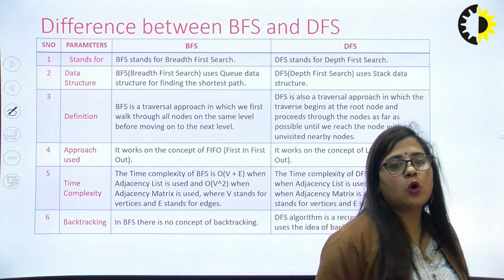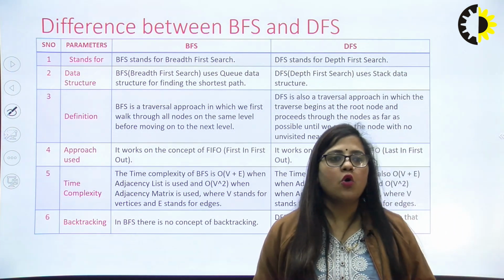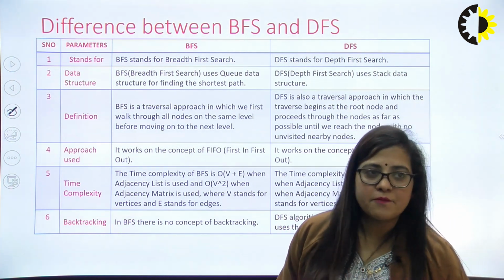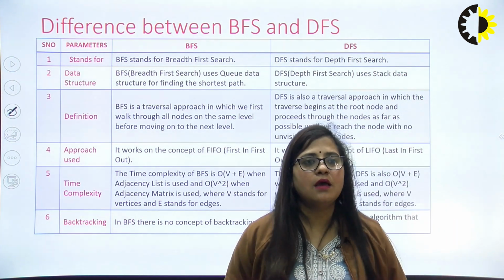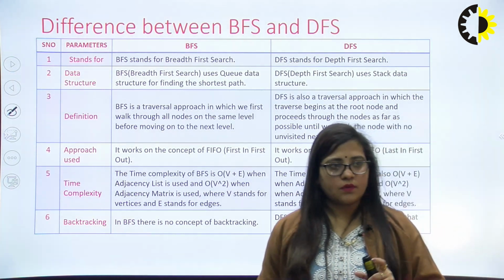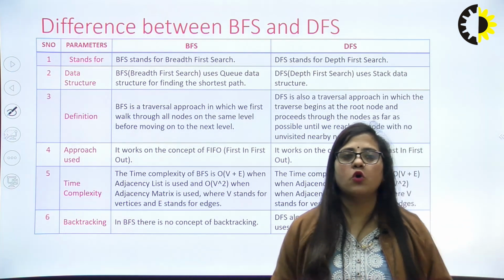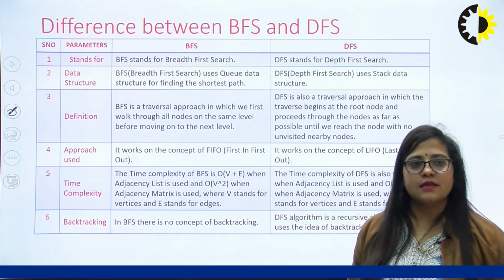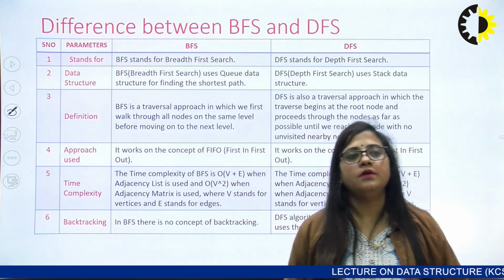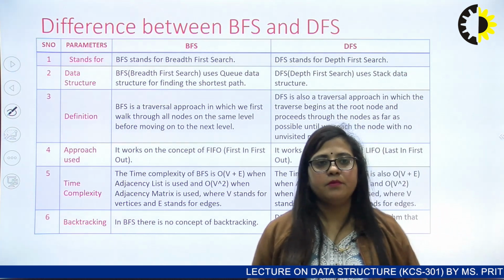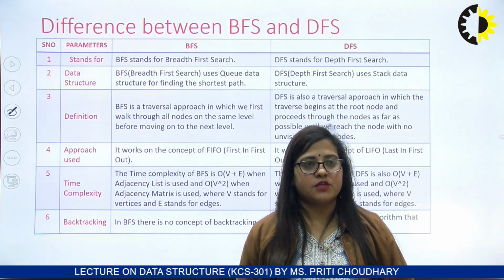For time complexity, it depends on the number of edges and vertices. The complexity of BFS is O(V plus E), where V is vertices and E is edges, and DFS has the same complexity. Backtracking is not used in BFS, while backtracking is used in DFS.